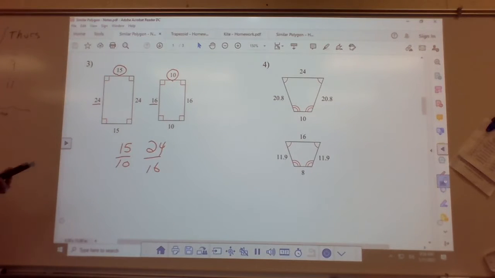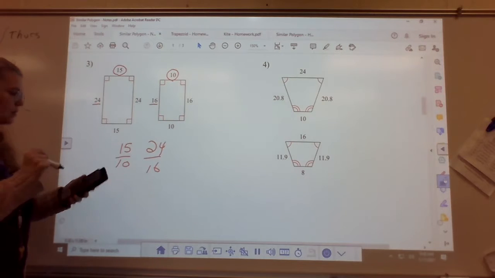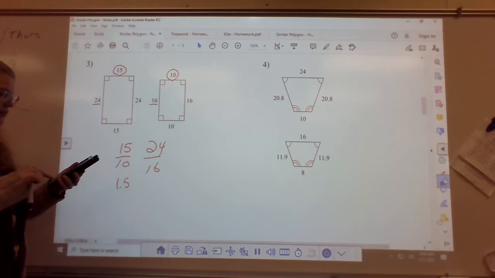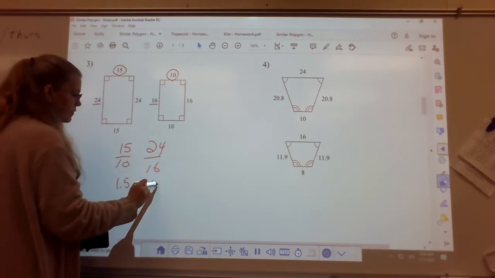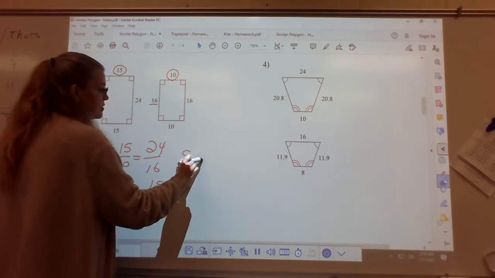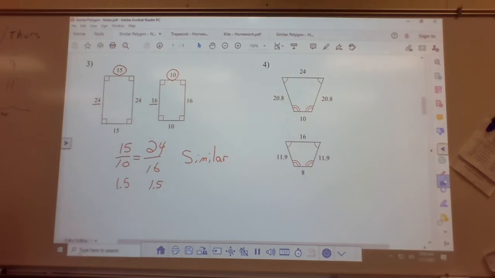Now I've got 2 fractions, and I want to see if they're equal. 15 divided by 10 is 1.5. 24 divided by 16, I get 1.5. So I get the exact same value, so they are equal. Therefore, these 2 rectangles are similar.